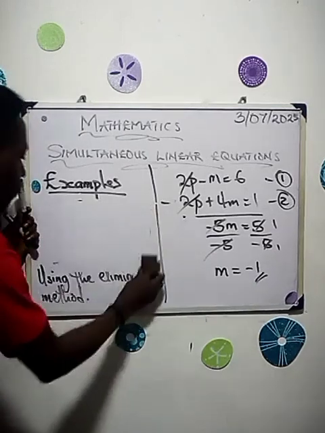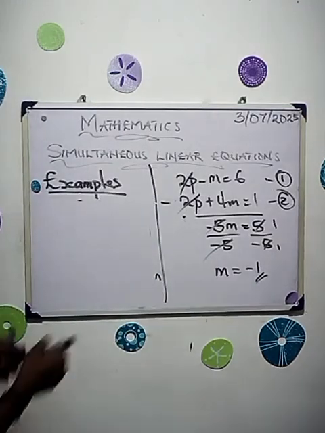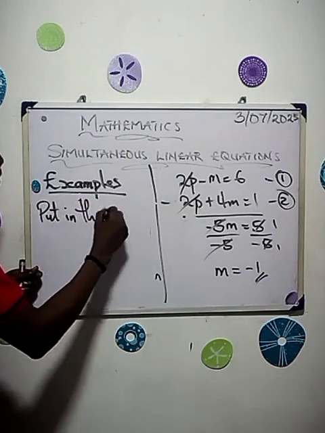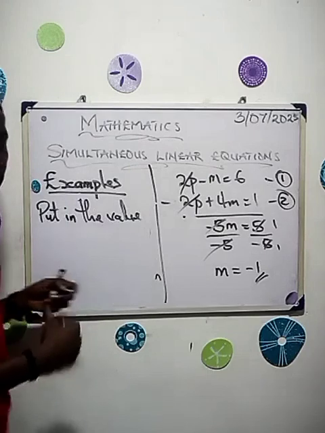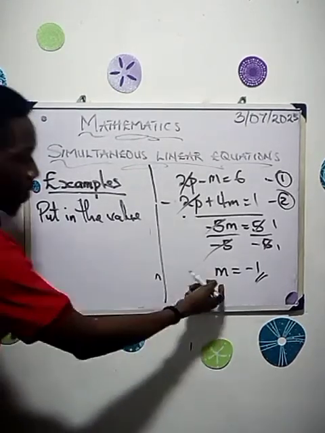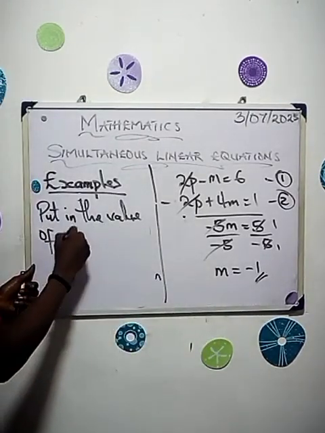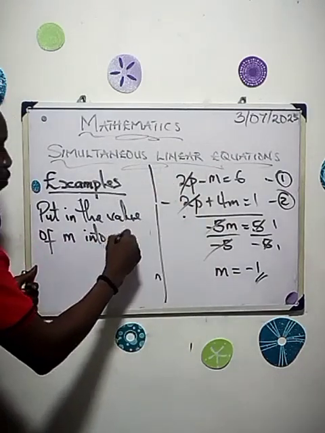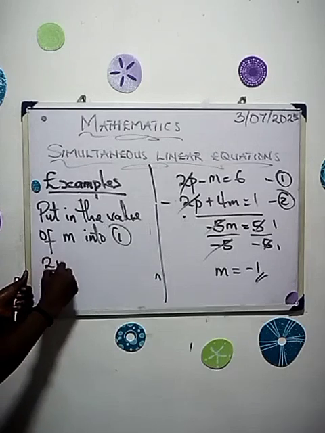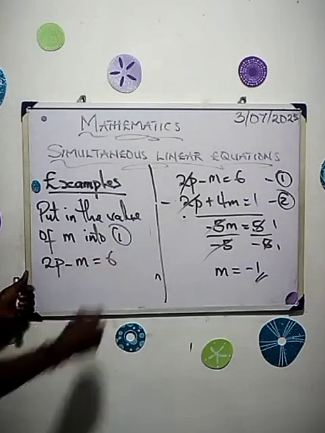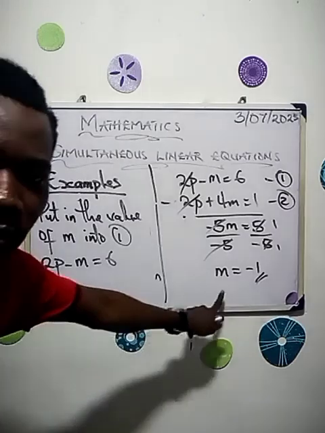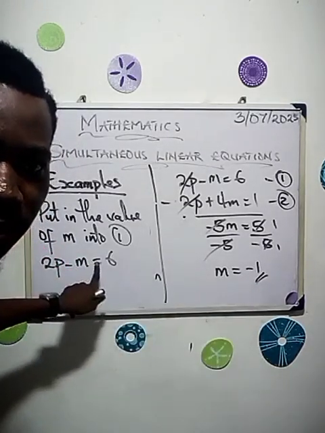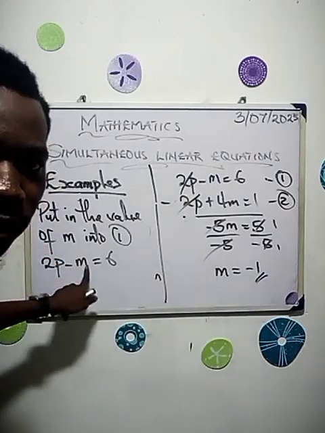Okay, so substitute in the value of m into equation 1. So we have, now the equation says 2p minus m equals 6. That's the equation, right? But we've gotten m to be minus 1. So when you have m, now you put minus 1.